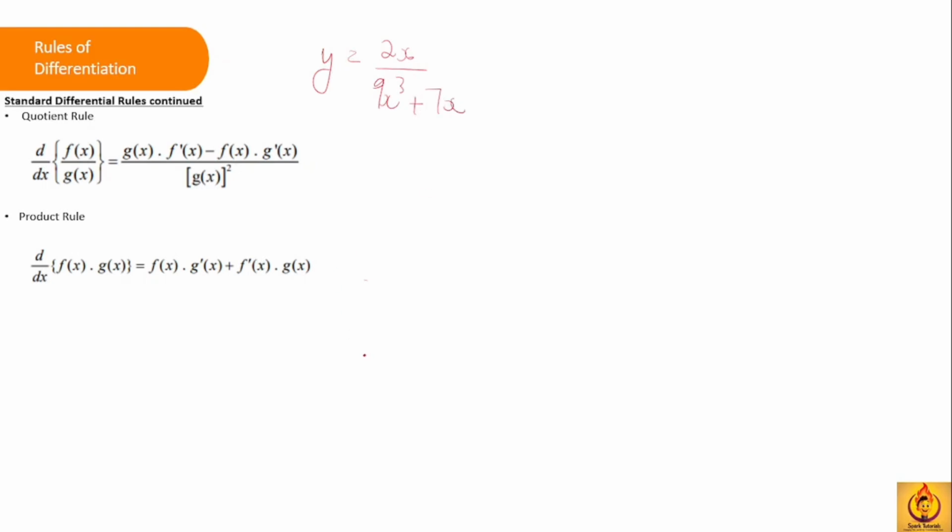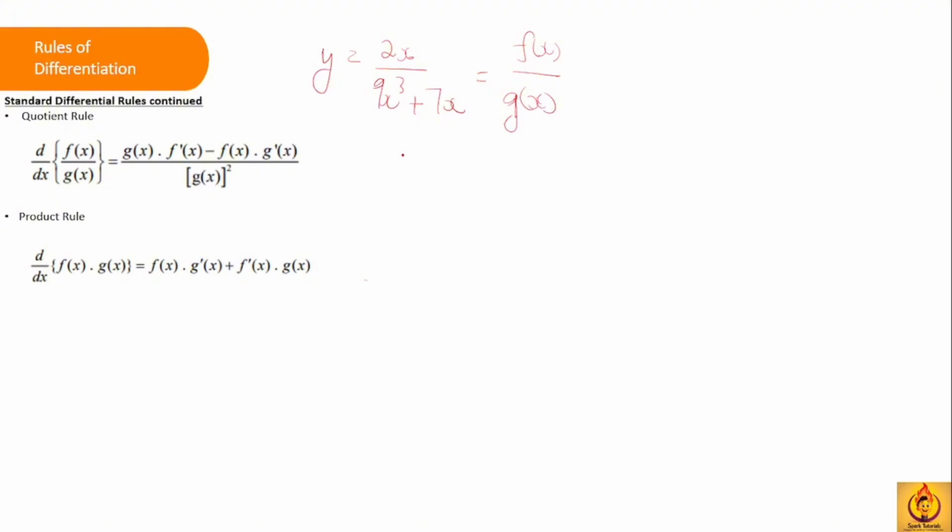You have an equation defined as 2x over 9x cubed plus 7x, and you're asked to find the derivative of this. 2x is our f of x, right? And 9x cubed plus 7x is our g of x. So those are the two functions that we have here, right?